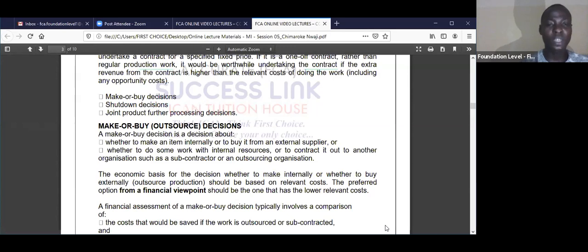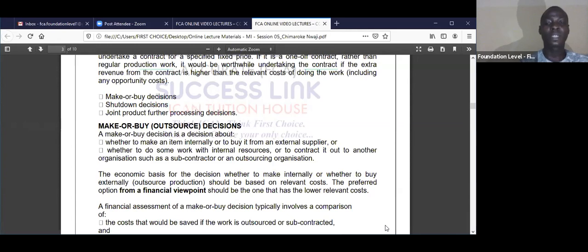We are going to be looking at which one gives you a lower relevant cost. From a financial point of view, when your cost is low, your profit is high. And so you go for the one that has a lower relevant cost.